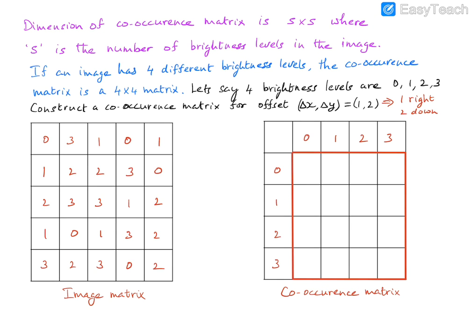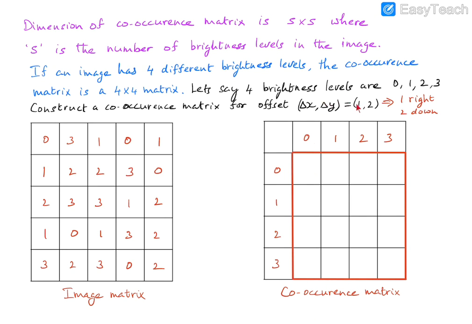Those are the 4 different pixel values present in our image. Now we are going to count how often a particular combination occurs. For example, for this box we have 0 along the row and 0 along the column, so we are going to look for pixel pairs which have 0 and 0 in the predefined offset.